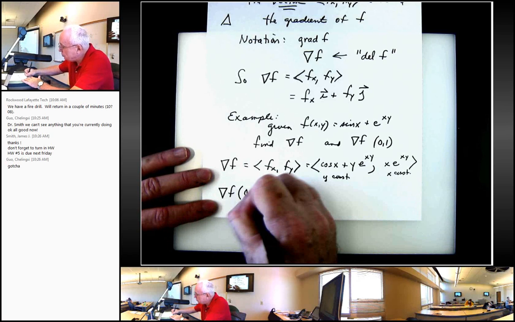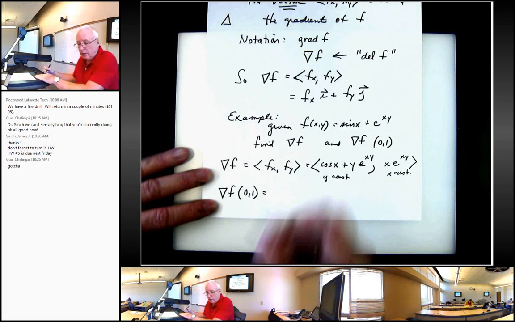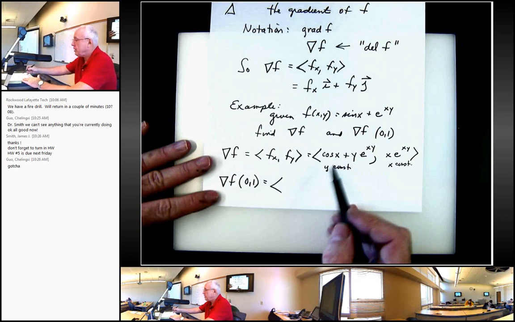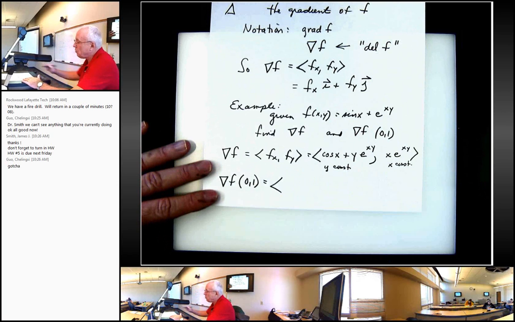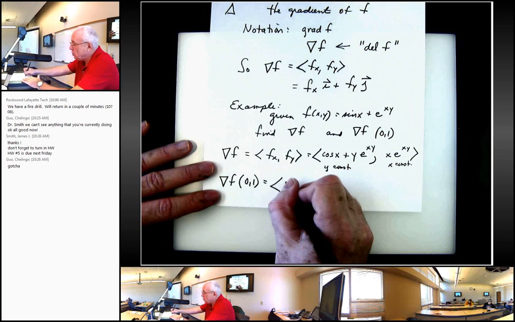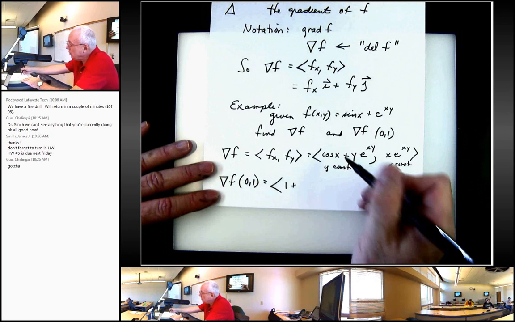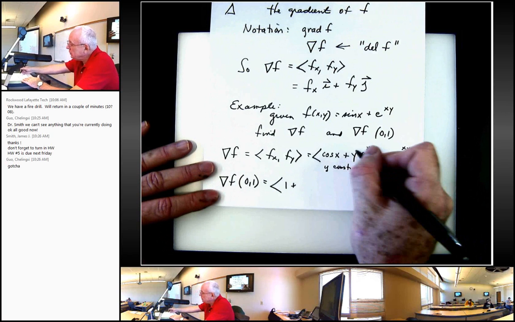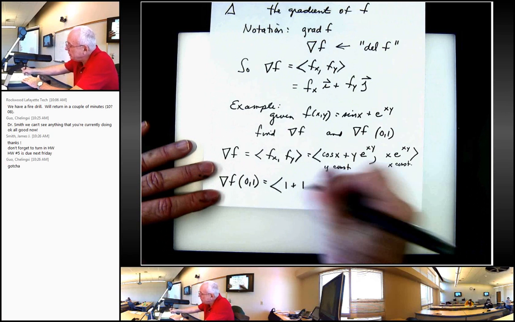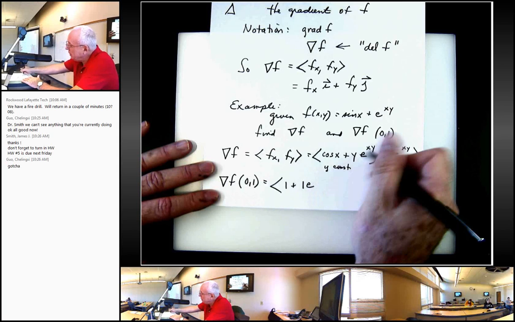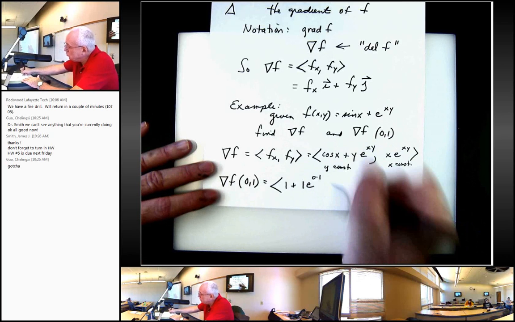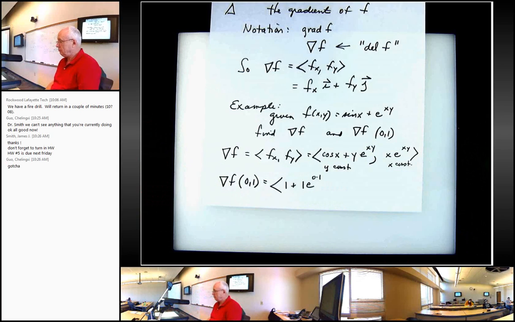Now the second part is we just plug in numbers and simplify. So that's (0, 1): 0 for x, 1 for y. Cosine of 0 is 1, plus 1 for y, that's going to be 1 times e to the 0 times 1 power, and that's e to the 0 power, and that's just 1.